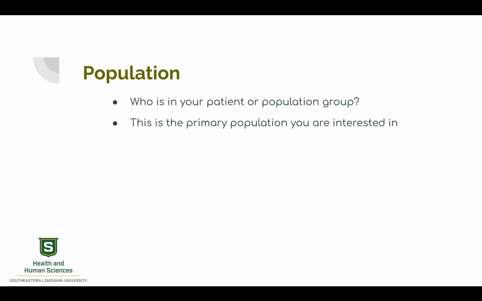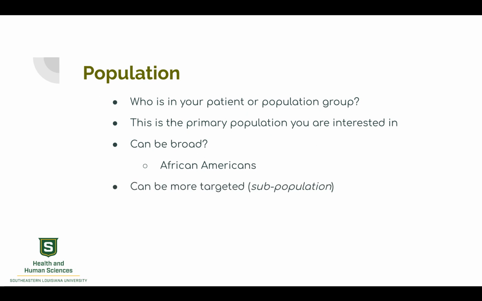But in this case, when you are asking the question of PICO, your population is not looking at it from the context of population versus sample. It is just looking at it in terms of who you are interested in. If you're going broad, you may be interested in African Americans, but you can also narrow it down, make it more targeted, and by making it more targeted, you're looking at a subpopulation of a larger population.